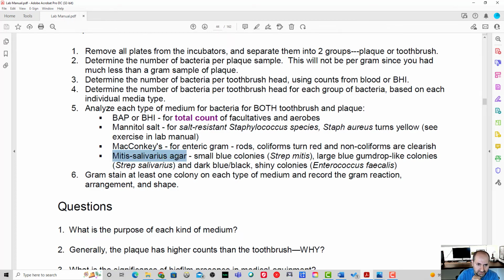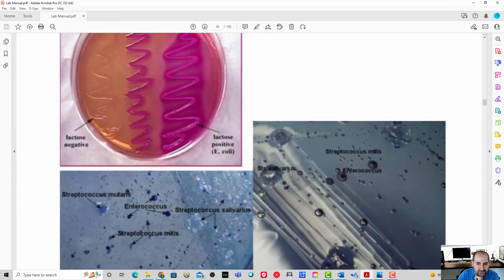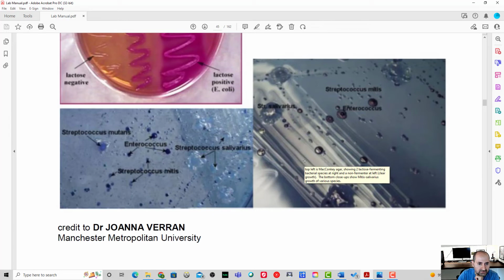And the Mitis-Salivarius agar, the small blue colonies are typically strep mitis. Large blue gumdrop-like colonies were strep salivarius, and the dark blue-black shiny colonies were Enterococcus faecalis. We can take a look here at some of these results of salivarius, mitis, Enterococcus.